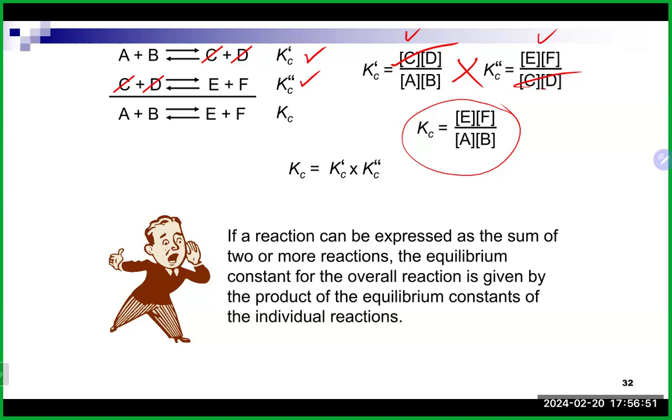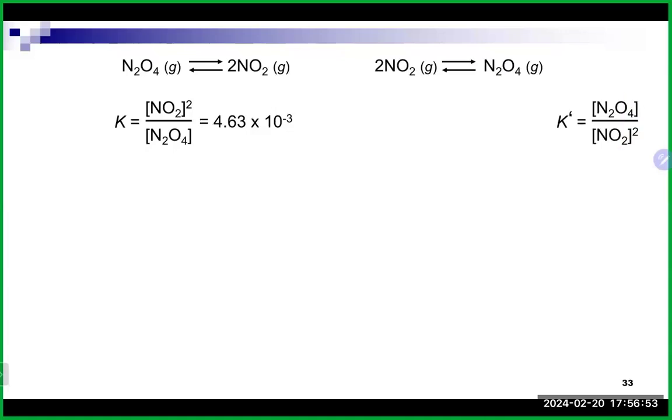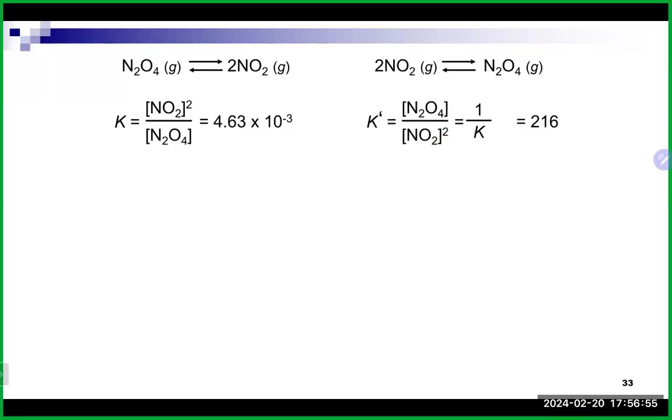Some other common things that you might need to do is, for example, maybe you need to reverse a particular reaction. So maybe you have this reaction here. This is the K value specific for the way that reaction is written. But maybe you need NO2 on the reactant side and you need N2O4 on the product side. So basically we reverse the reaction here.